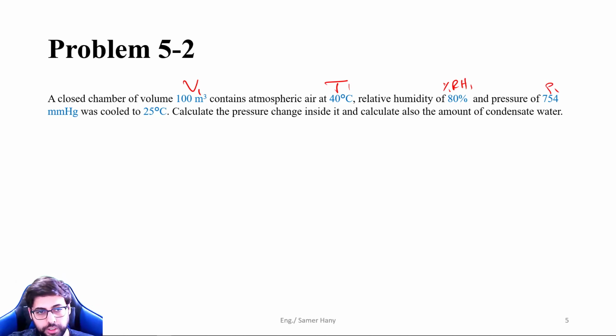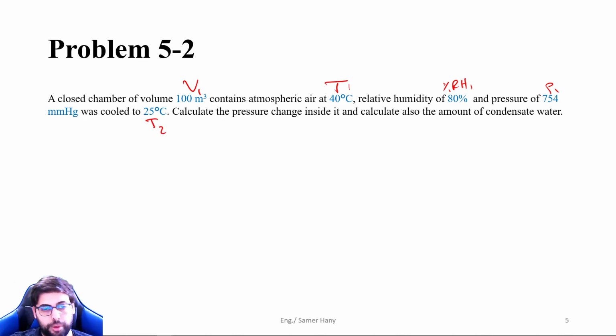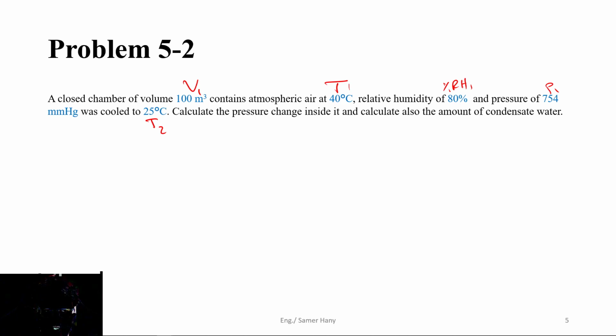It was cooled down, so this is the temperature going out from the air conditioner. Calculate the pressure change inside the room, and calculate also the amount of condensate water. So if any water condensed in the air conditioner unit, we need to know how much water was condensed.